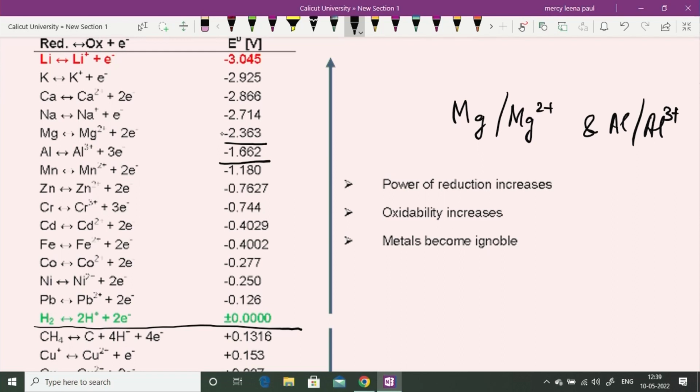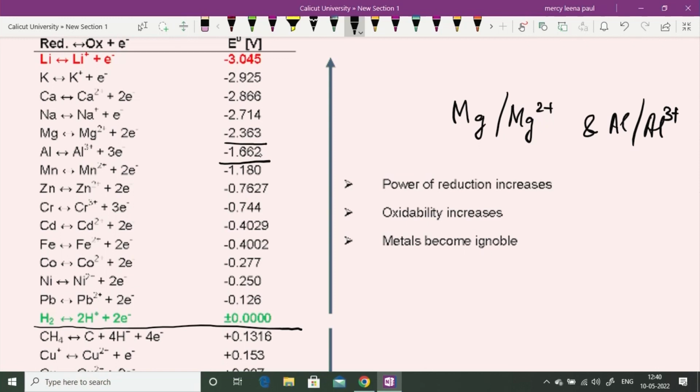Minus 2.363 means its reduction potential is very negative, so it prefers oxidation. Aluminum, at minus 1.662, prefers reduction rather than oxidation.